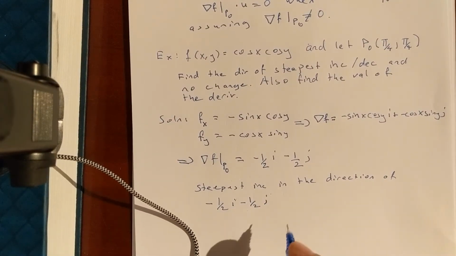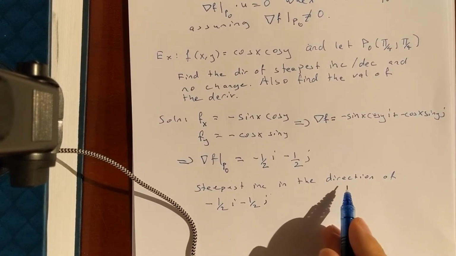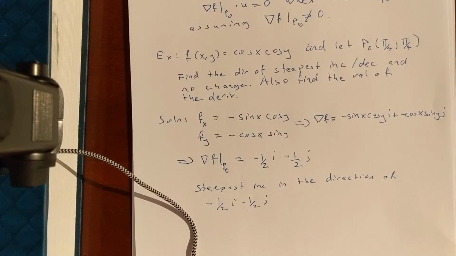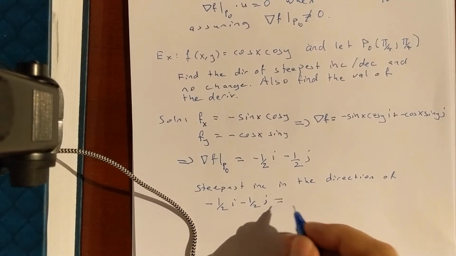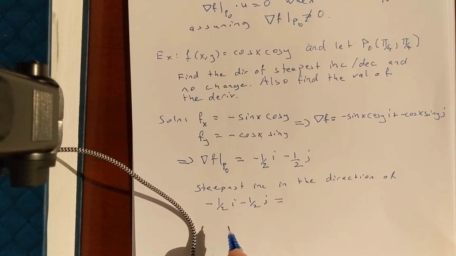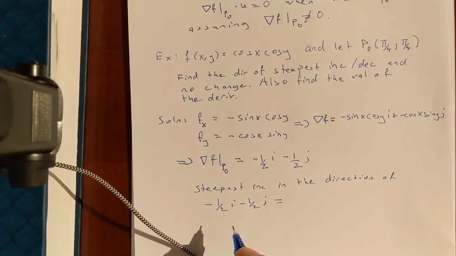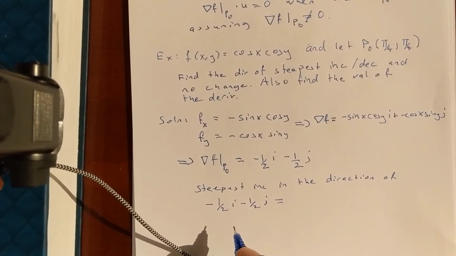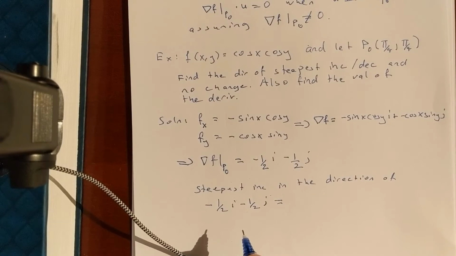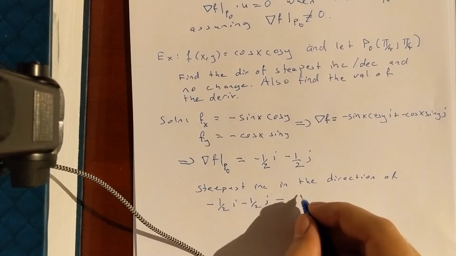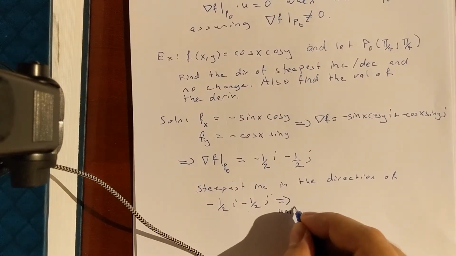Okay, but remember, when we say the direction, it's a vector that has length 1. This doesn't have length 1, right? So what we need to do is take this guy and divide it by its length, right? So what is the length going to be? We have to turn it into a unit vector.